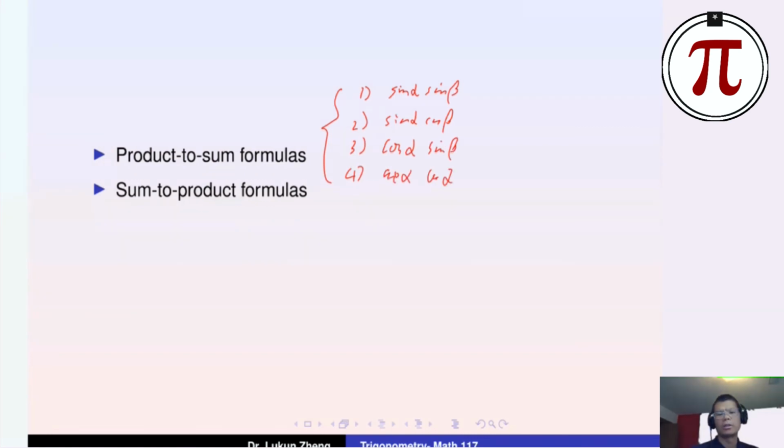These are the four different products. And then how to put these four different products into sums, right? There are formulas for this. It's product-to-sum formulas.